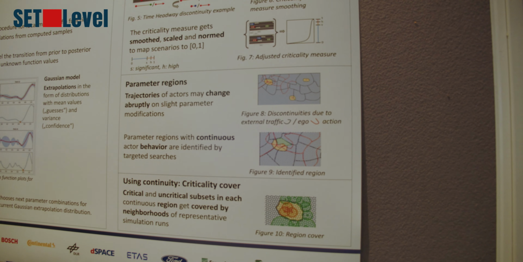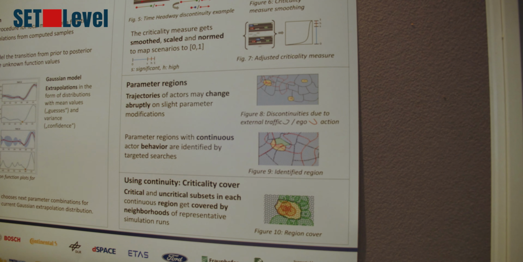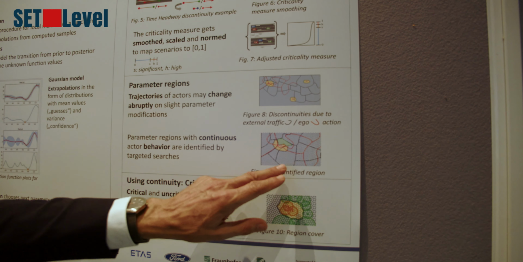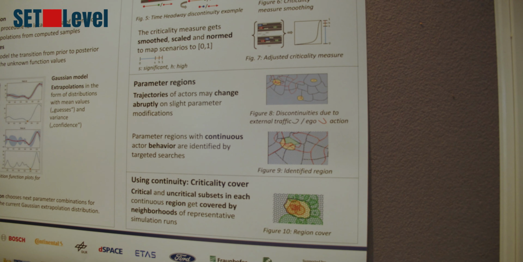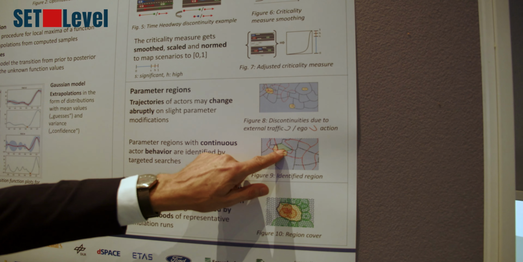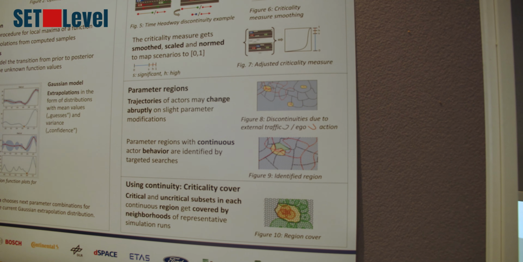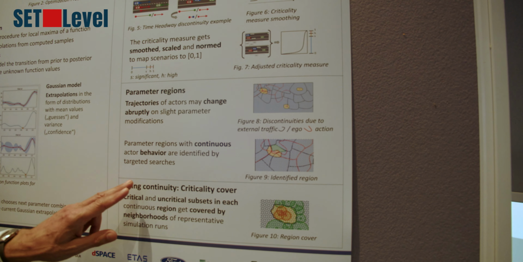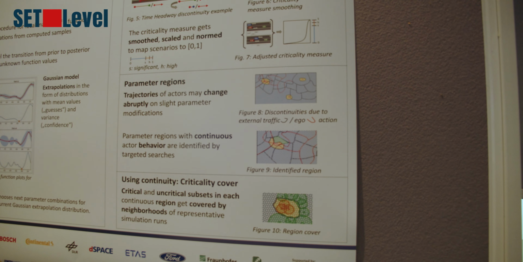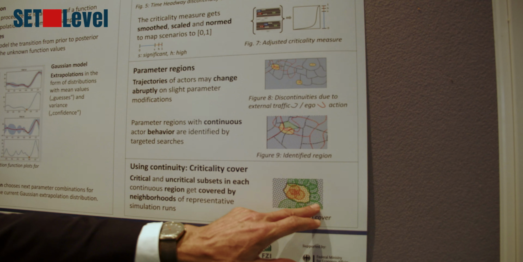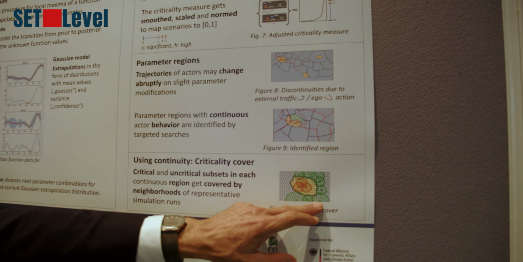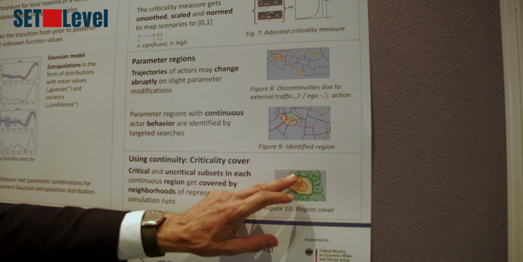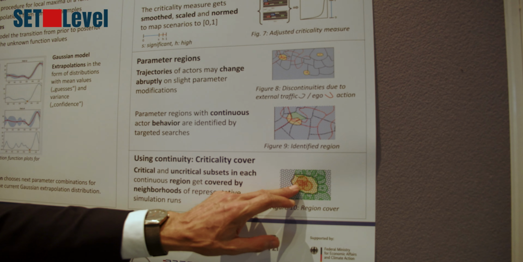These we have to identify. These are the black and red lines. These are identified, the green ones, the inside of all these discontinuities, where we have a continuous region. And such a continuous region, coming to the last picture, we can then cover by local neighborhoods for the blue ones and also for the red instances, for the critical instances.